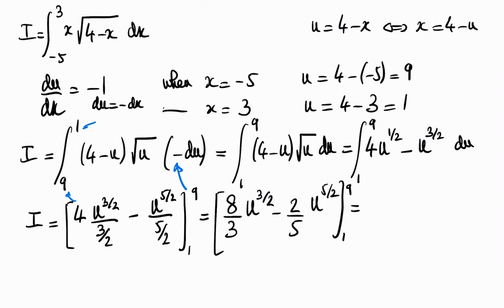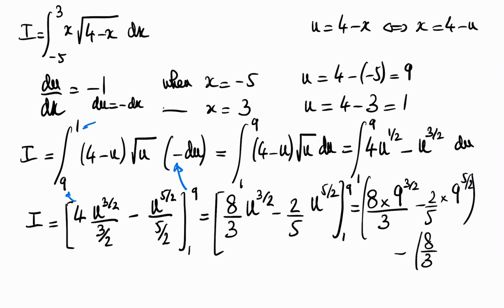So now it's 8/3 times 9 to the power of 3/2, minus 2/5 times 9 to the power of 5/2, minus 8/3 times 1 to the power of 3/2 minus 2/5 times 1 to the power of 5/2. Okay, we can simplify that further. I'm not going to do it.